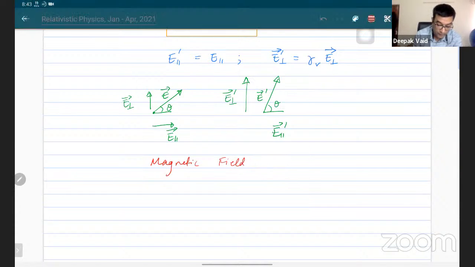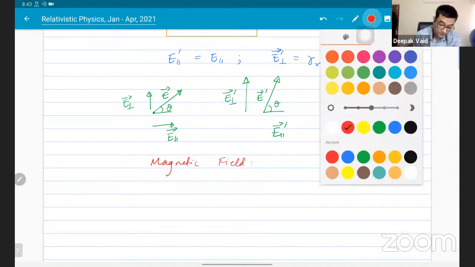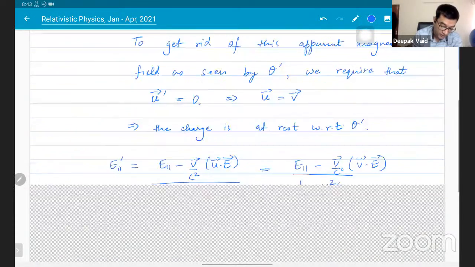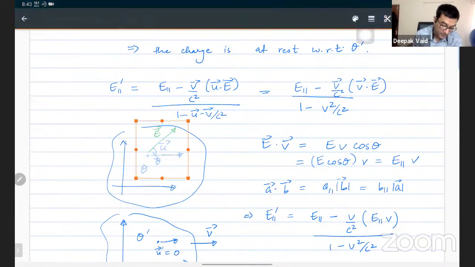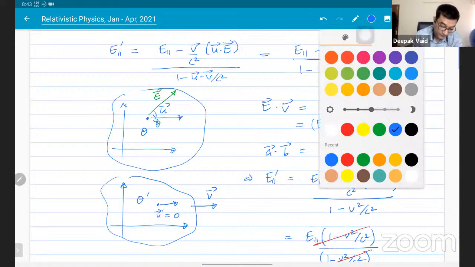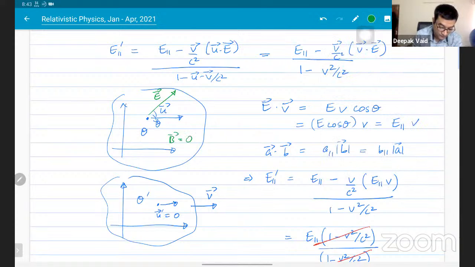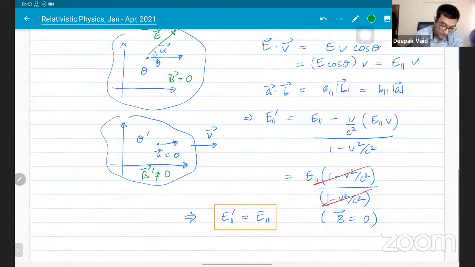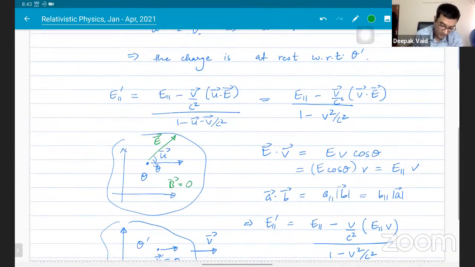So what we are going to do is, we have already said that B is equal to 0, right? We have said that B is equal to 0 in the original frame of reference. Here B is equal to 0. But here, what will happen? B prime will not be 0, right?